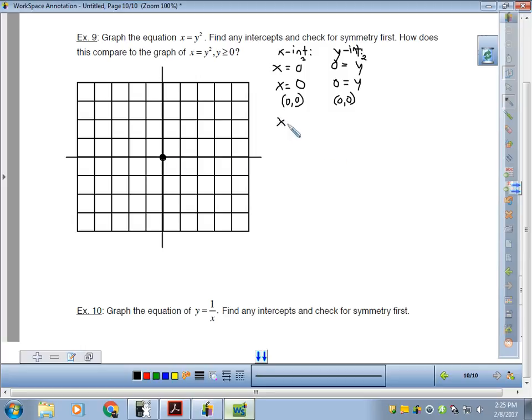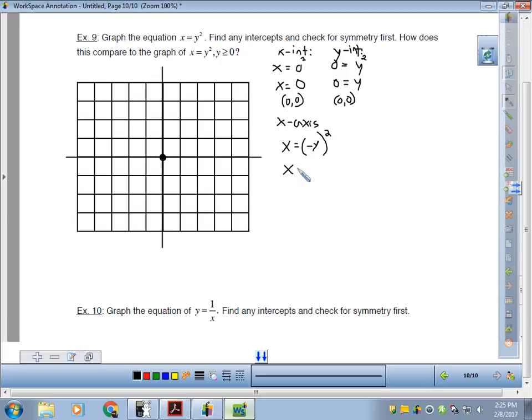The next thing to do is to look for our symmetry. So we're going to start by looking for x-axis. For x-axis, we replace the y's with a negative y. So we'll have x equals negative y, getting squared.